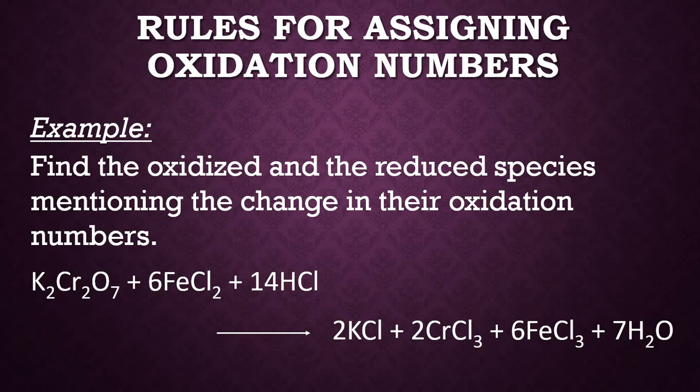So the oxidation number of chromium here is +3, while the oxidation number of iron in FeCl3 is also +3, which means that chromium enters the reaction, or is found in the reactants, with oxidation number +6 and comes out of the reaction in the products with oxidation number +3. So as long as the oxidation number decreases, we can say that a reduction process took place.